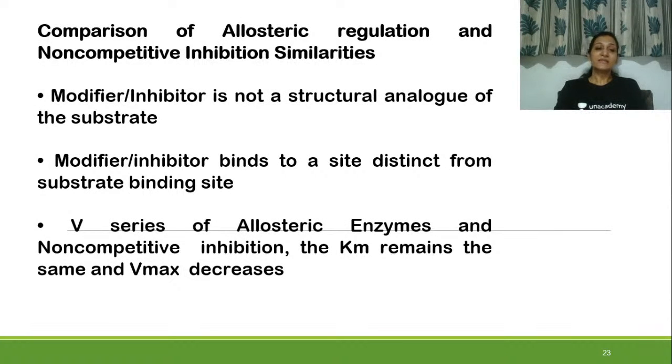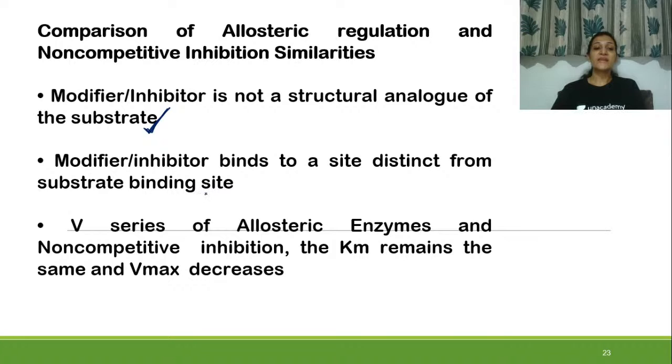Now lastly, let's have a little comparison of allosteric regulation with non-competitive inhibition, the similarities and how they are different. So the modifier or inhibitor is not a structural analog of the substrate when we are talking about allosteric enzymes. Why? Because they occupy a different place.